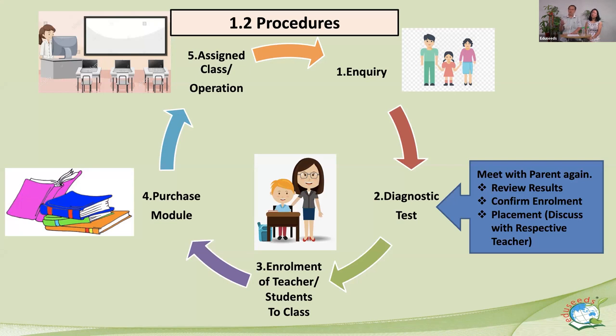You will show the result and show where the child has a gap and so forth. And always explain this. Parents may come and say, "My child is 11 years old. He has finished grade 5." But sometimes the diagnostic result shows that the child totally is unable to do the grade, fails in grade 5 itself.